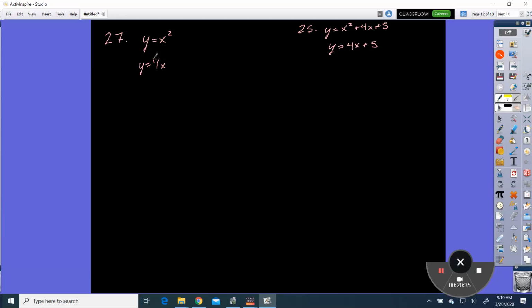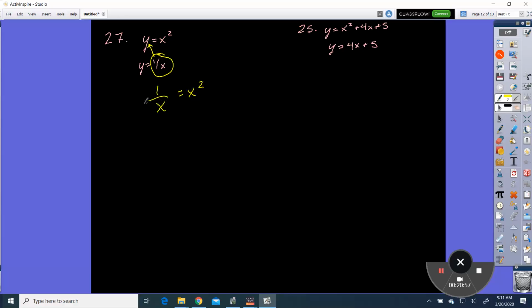So 27, it says use whatever method you'd like. Well, I have options. The easiest thing really is, since this was y equals and y equals, I'm going to replace y up here with what y is. So I have y over x equals x squared.